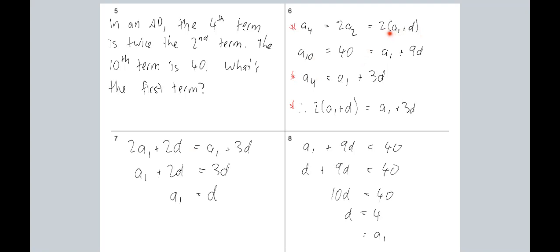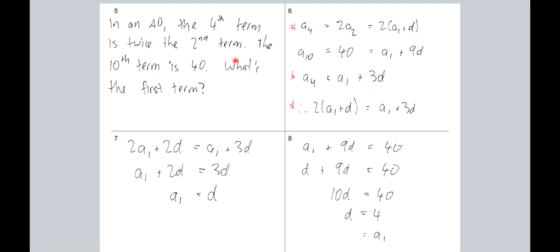We linked that fact with the fact that A4 is also A1 plus 3D, which is what I have on the right here. These two things must be equal because our problem told us that A4 is twice the second term. That gives us this. And our knowledge of arithmetic progressions tells us that A4 is also equal to that.